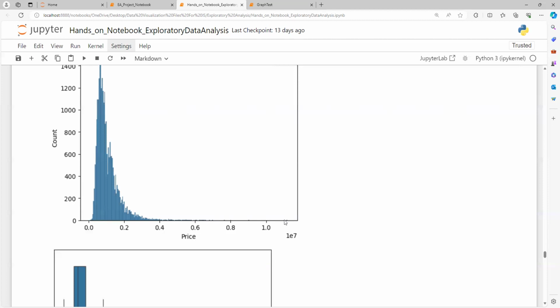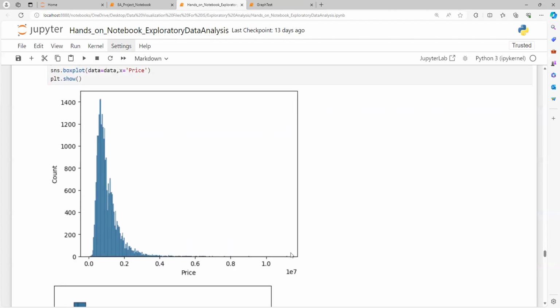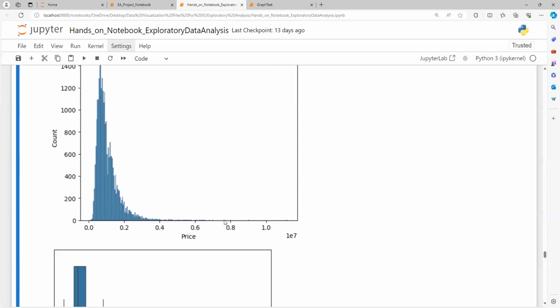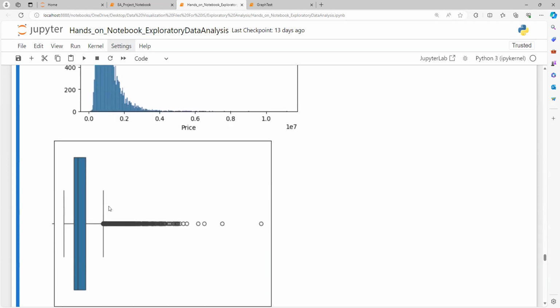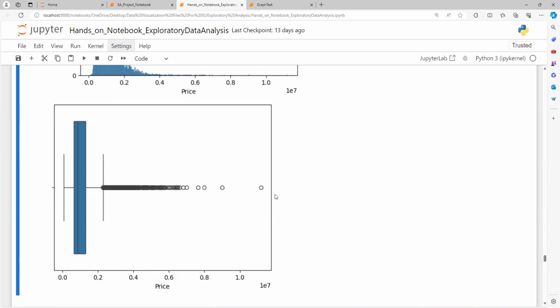Based on the dots, there's one little dot way out on the side that is clearly really, really big. But most of them are here, this is 0.2, so that'd be up to 2 million. Most are in the 0 to 2 million range, which, again, I don't know Australian dollars. I don't know how normal that is. And again, you can see this massive outlier way out here.